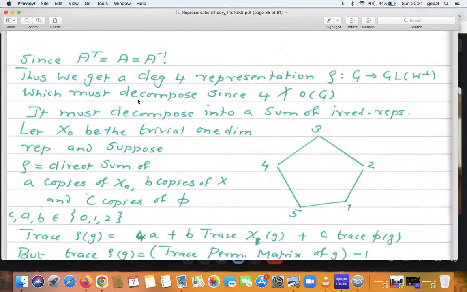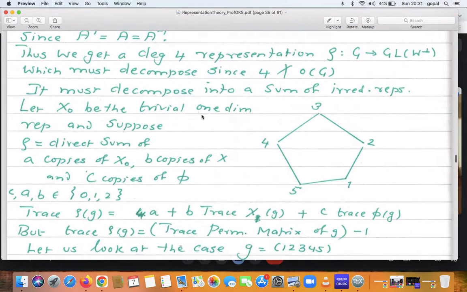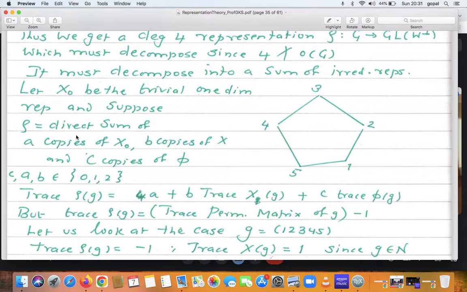Then this rho must decompose because 4 doesn't divide the order of the group. So it must decompose into a sum of irreducible representations. Chi naught is the one-dimensional representation which is trivial. Suppose rho decomposes as A copies of chi naught, B copies of chi, and C copies of phi. How many copies can there be?